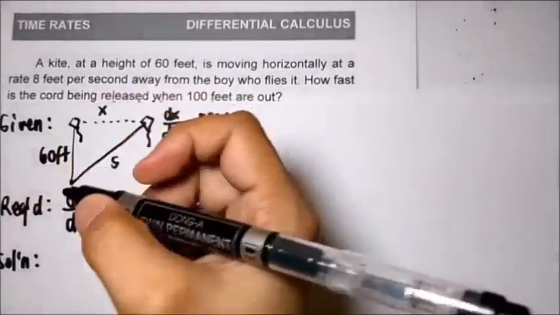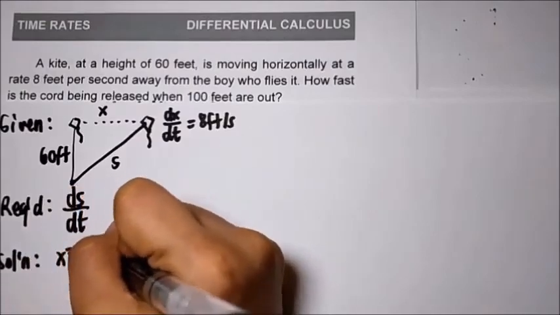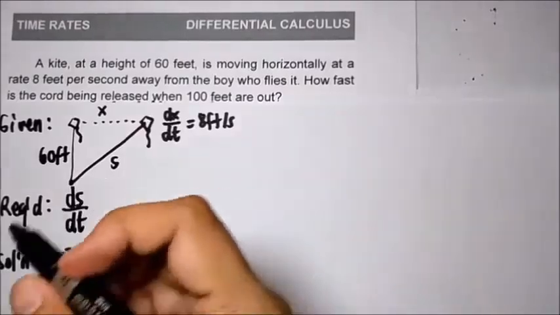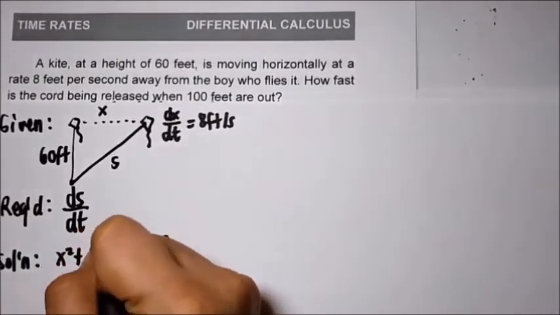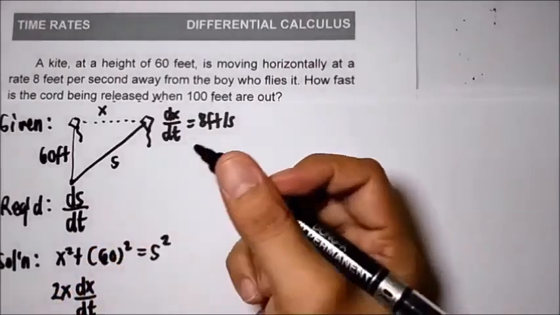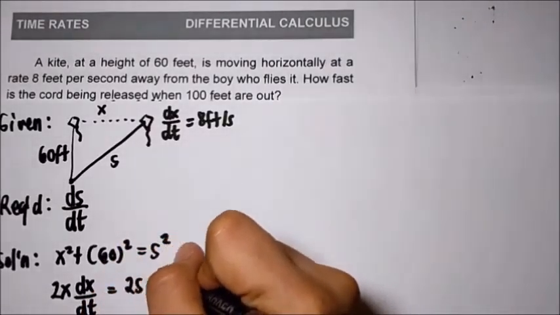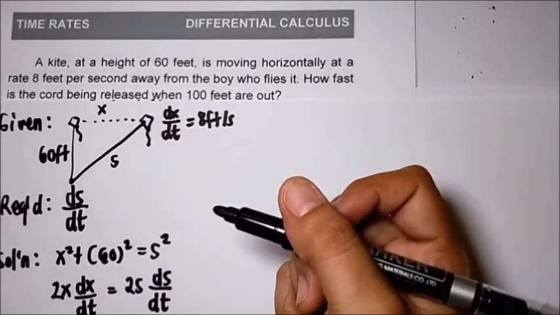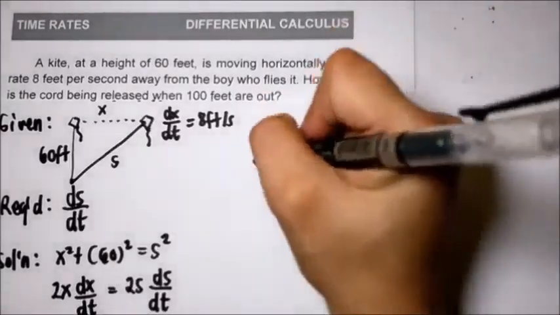Using the Pythagorean theorem, we have x squared plus y squared, so that would be 60 squared, equals s squared. Differentiating now with respect to time, we have 2x dx over dt. The derivative of a constant is 0, equals 2s ds over dt. What we need is ds over dt, so let's divide both sides by 2s.